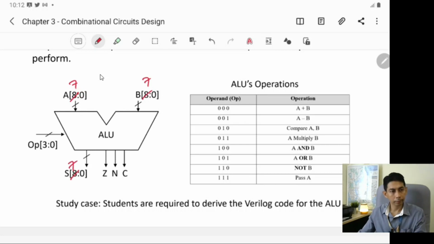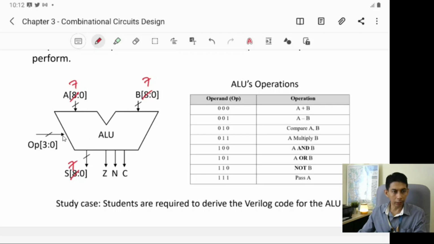Mistake here, 7 to 0. This is 9-bit already if you start with 8 to 0. So we have 8-bit.